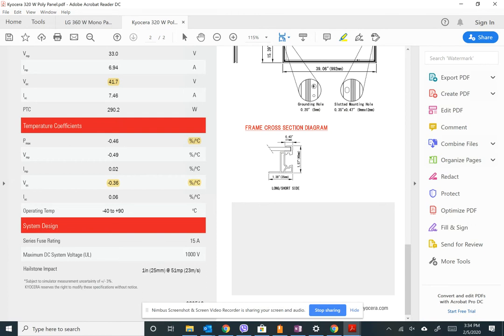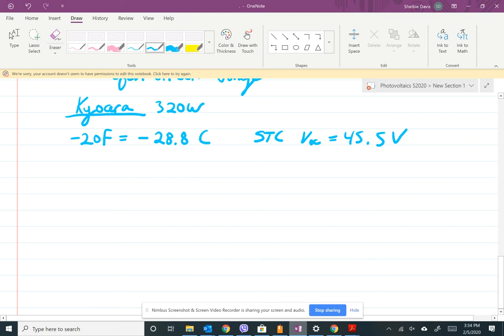That means that VOC is going, and I know it's negative, but you'll see why it makes a difference, it's going to go up with a lower temperature. So we're going to use that in our calculation here. I'm just going to say our temperature coefficient for VOC is equal to negative 0.36% per degree C. I'm just putting down the parameters that we know right now.